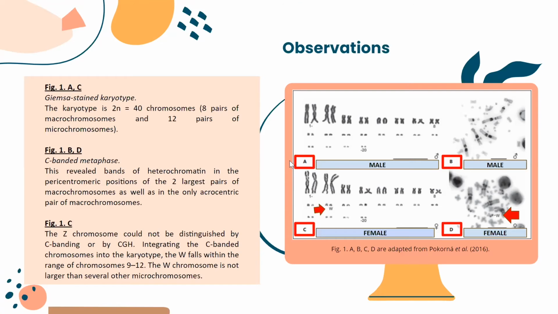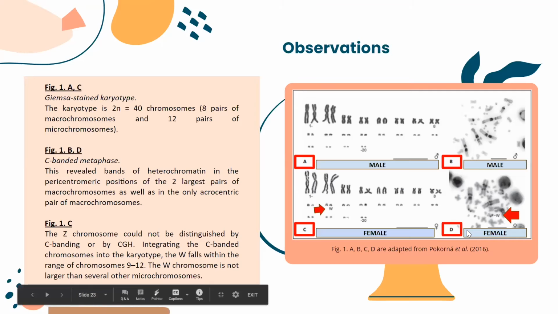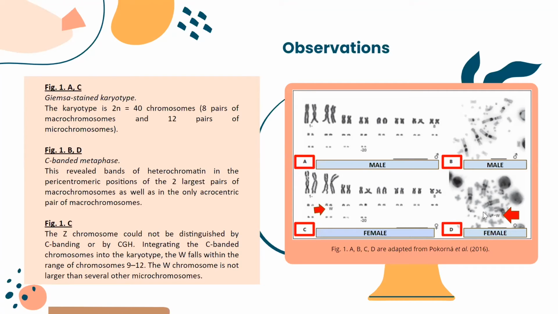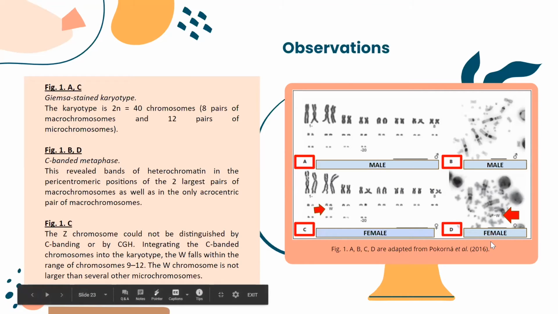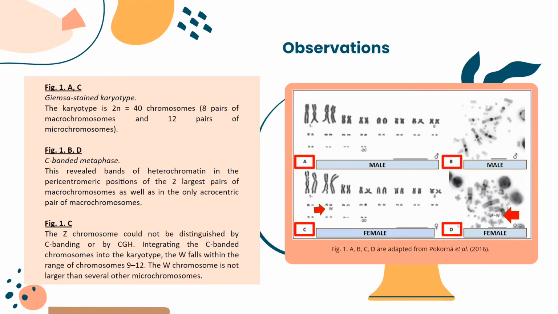And then the figure 1B and D, this C banding is to reveal the heterochromatin banding, which is in the pericentromeric position, which reveals the two largest pairs of macrochromosomes and only one of the acrocentric pairs of macrochromosomes.